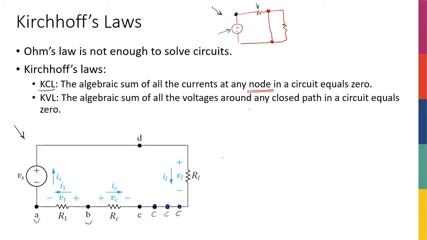Why? Because I can simply connect this terminal of RL to this terminal of RC. Like, imagine that none of these exist, and imagine that I just cross off all this wire and I just use this line or this wire to connect them. I still have this node C here, right?